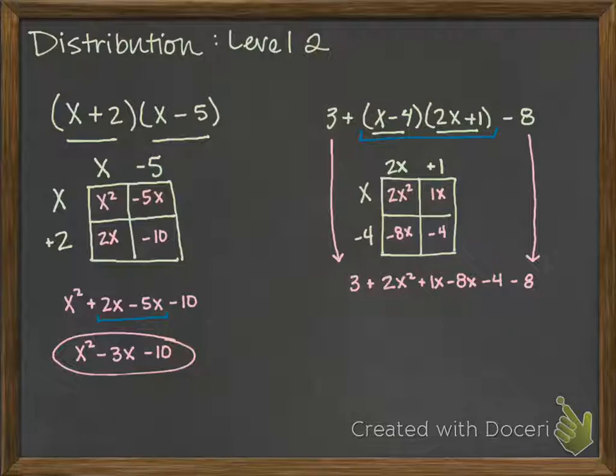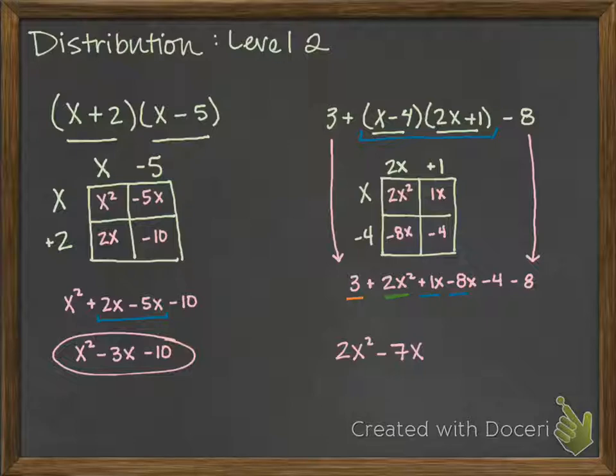So we want to start with the highest term, which is going to be the x squared term. And it looks like we only have one of these guys. So I will write 2x squared first. Now we want to look for any of the x terms. So it looks like I have a positive 1x and a negative 8x. If I combine those two together, I get negative 7x. And then finally, we are looking to combine our constant numbers, or the numbers that don't have a variable or a letter behind them.